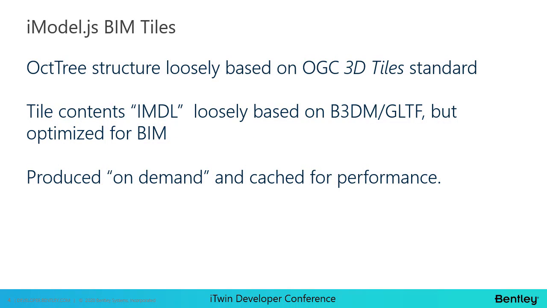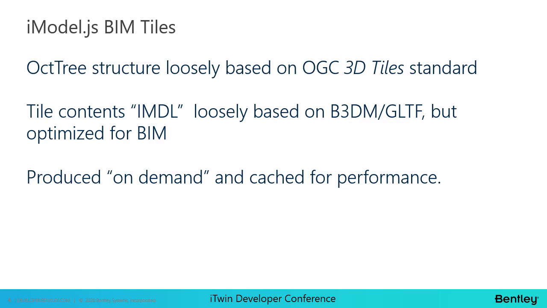The iModel.js BIM tiles are stored in an octree tile structure, which is loosely based on the OGC 3D tile standard. The tile contents, which we call IMDL, it's loosely based on the B3DM, the batched tile format with a GLTF encapsulated. We've made some optimizations to that to make them performant for BIM type data.